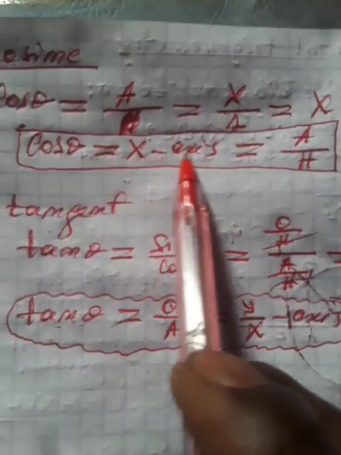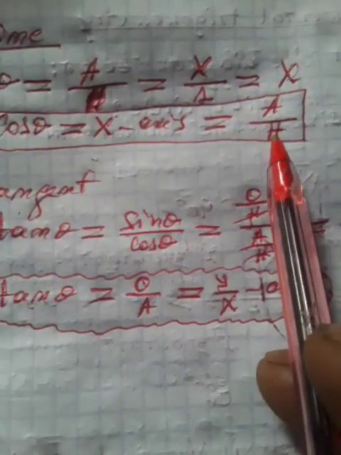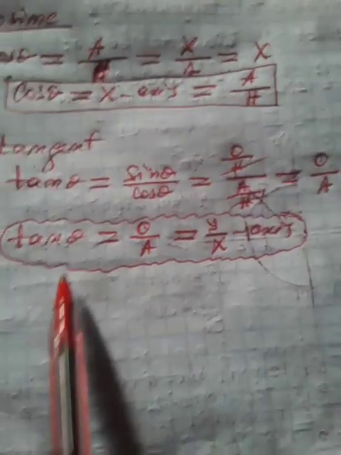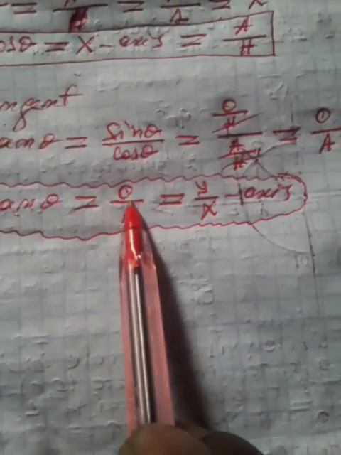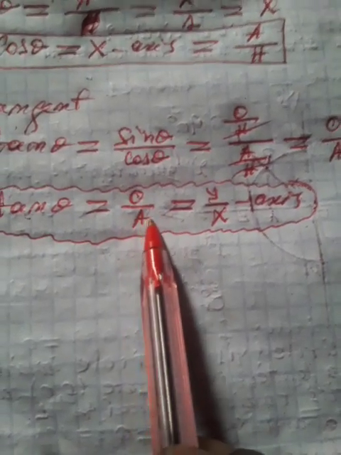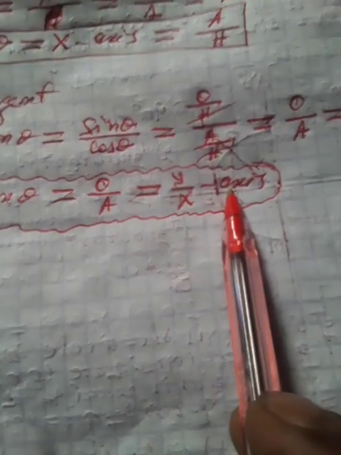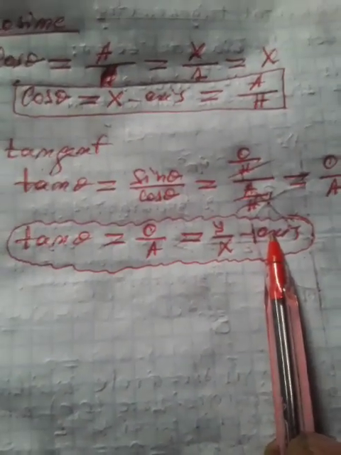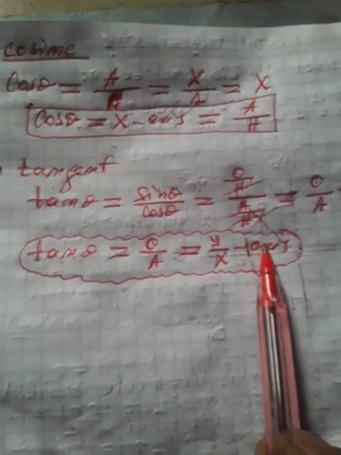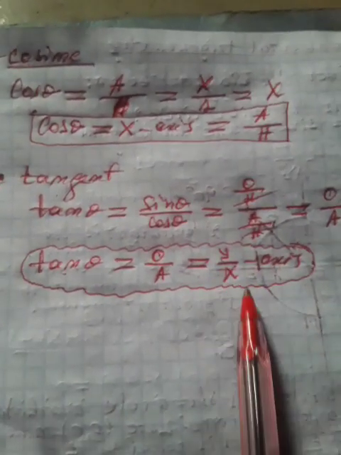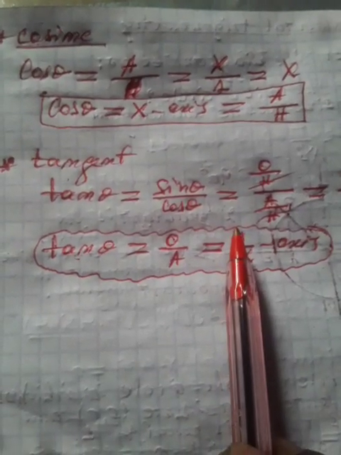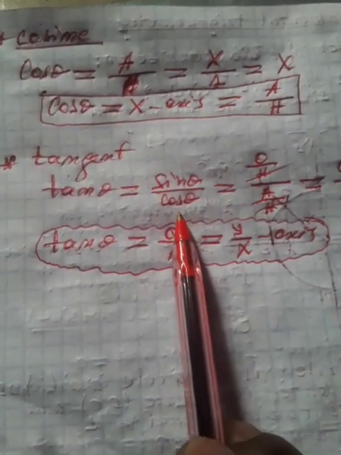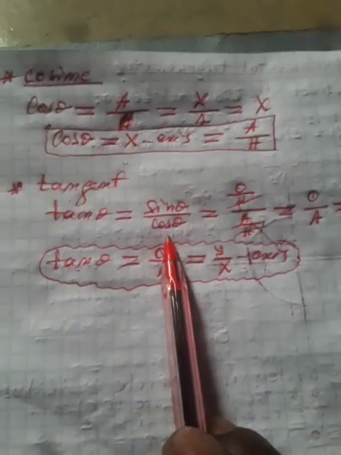Tan theta is equal to sine theta over cos theta, and tan theta is also equal to opposite over adjacent and equal to y over x. These are very important to know because they will help us with other units we will see in this fundamental trigonometry.